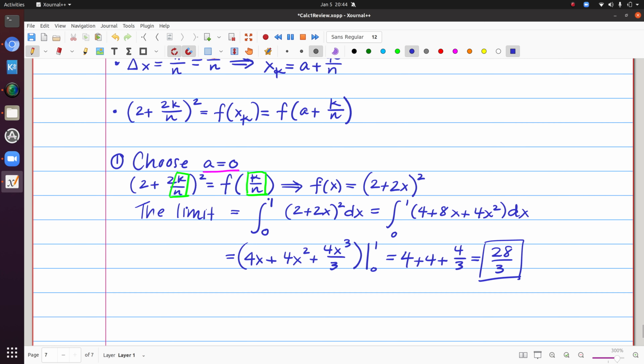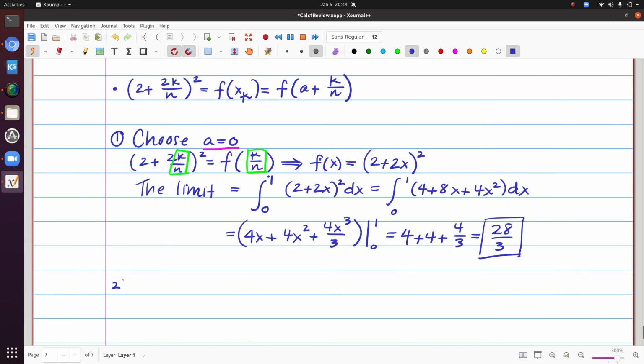To point out that we could choose other things, I will say sometimes certain choices of a might make it harder to find your function that matches. But an alternative way I could have solved this is just to choose a different value of a. For instance, choose a equals 1. So in this instance, we'd want to try to match this up to f of 1 plus k over n.